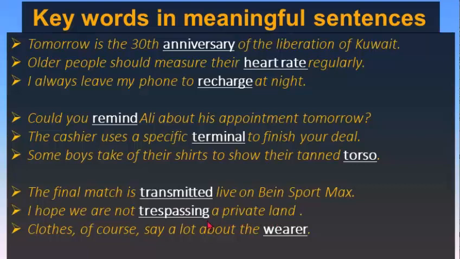Some people are walking somewhere and they are worried if they are trespassing a private land. The last sentence: clothes, of course, say a lot about the wearer. So you can always know about someone from his clothes.